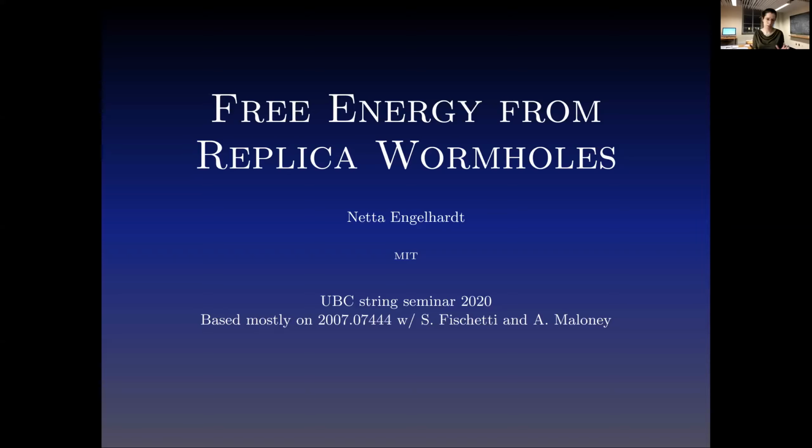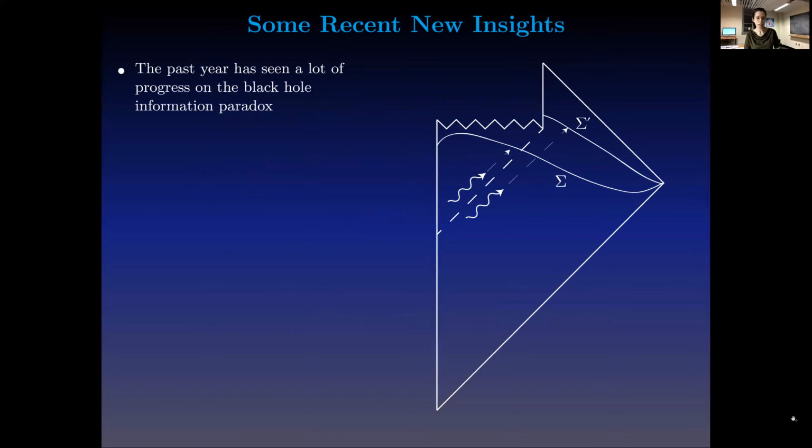So the unifying theme here is understanding these contributions of the replica wormholes to the gravitational path integral. And this is a different approach in the sense that it's computing a different observable using a different type of replica trick. So the beginning here, of course, is with the black hole information paradox.